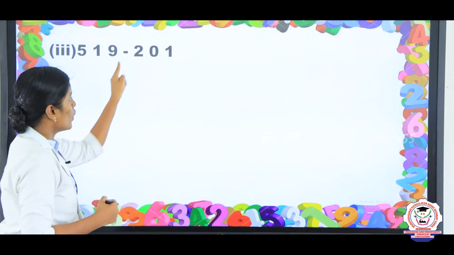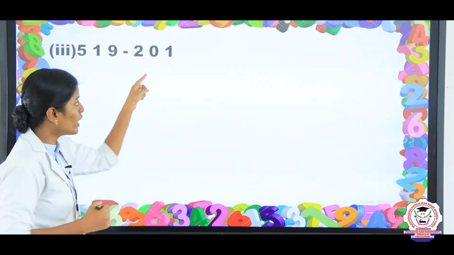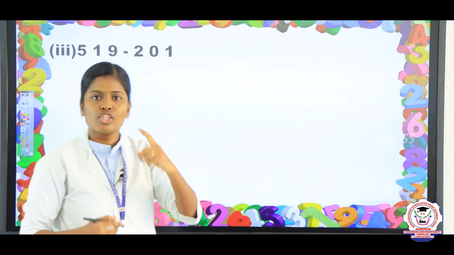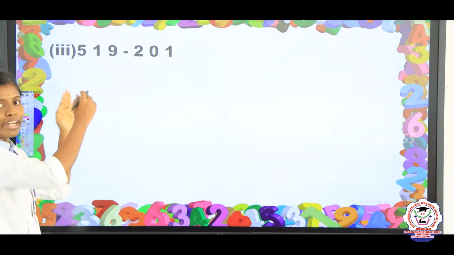So listen children, what number should we subtract from 201 to get the answer 200? Very good, that is 1. So on both sides you should subtract 1 and then 1.